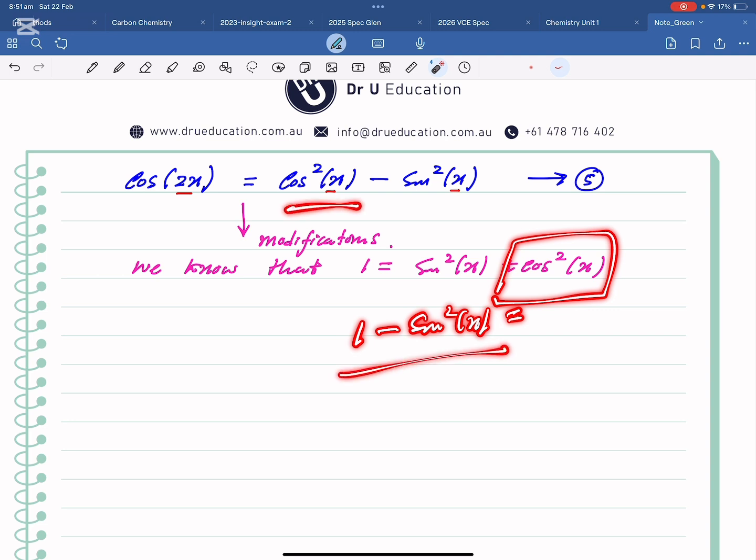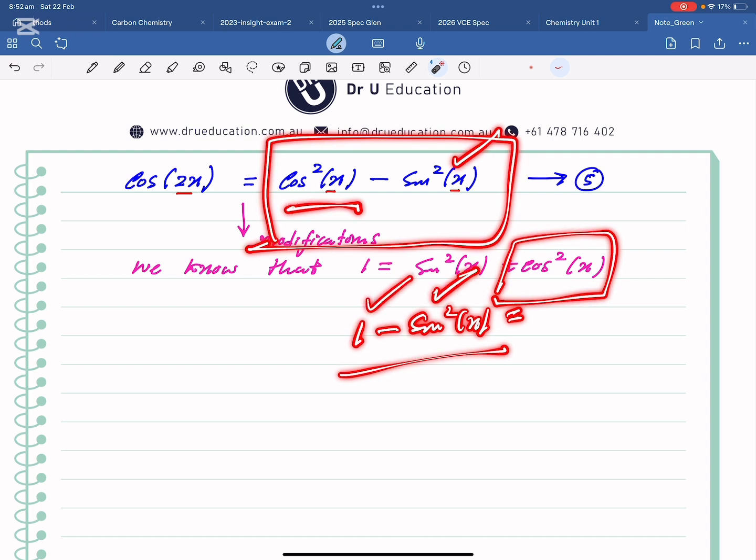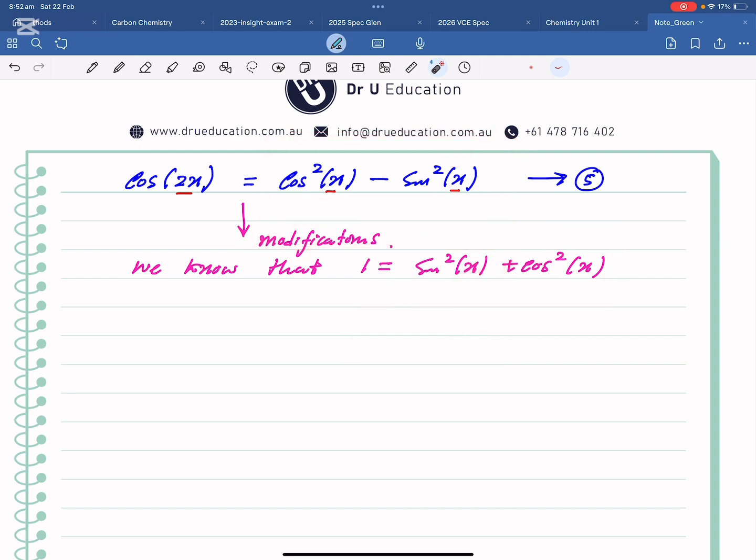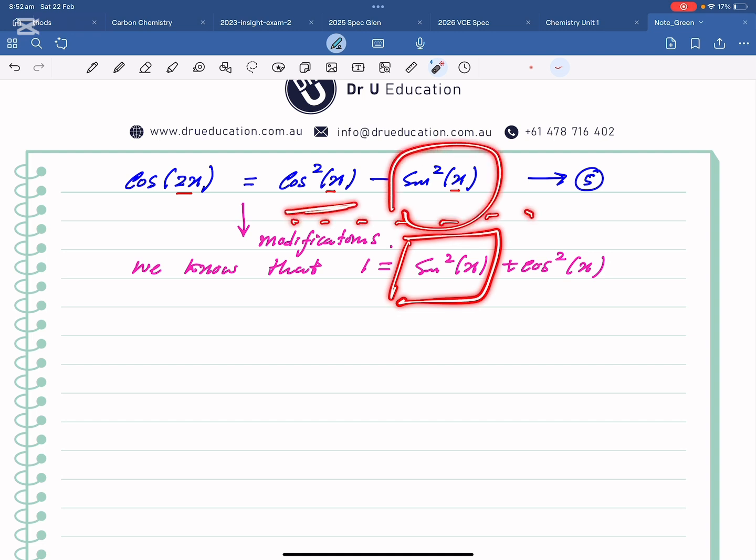It's just manipulation. If I do that, this whole thing becomes sine, because you have sine here, you have sine here, you have 1 here, and cos is going to disappear. Similarly, if you isolate this one and then replace it here, this whole equation is going to be cos.